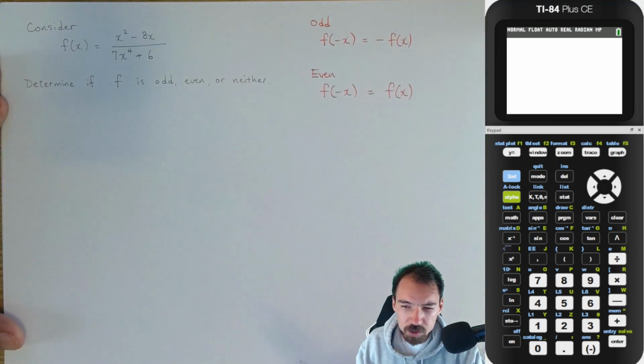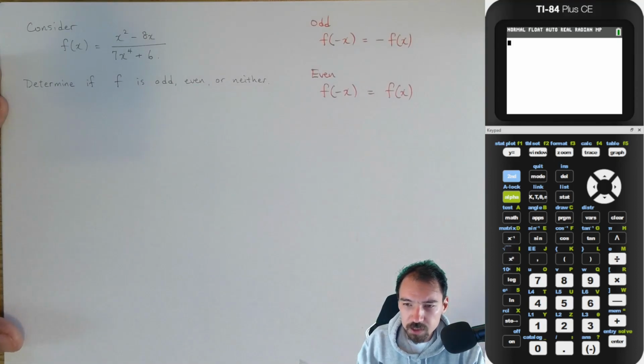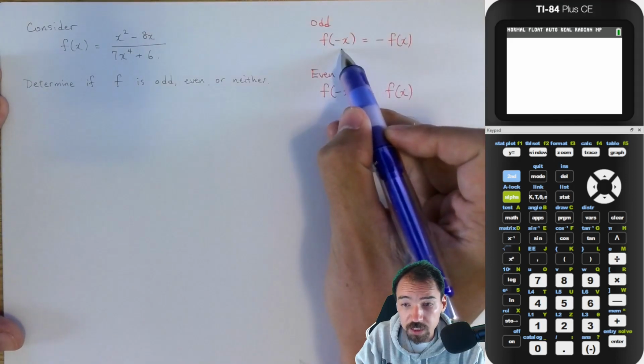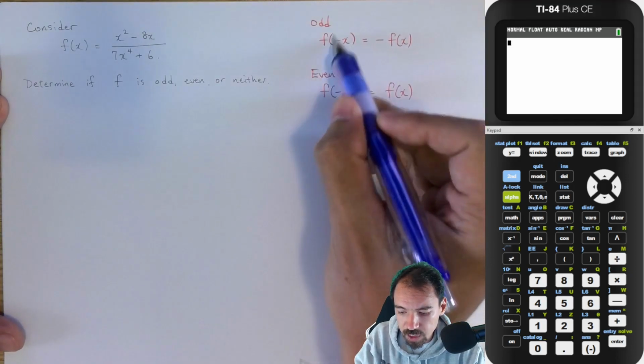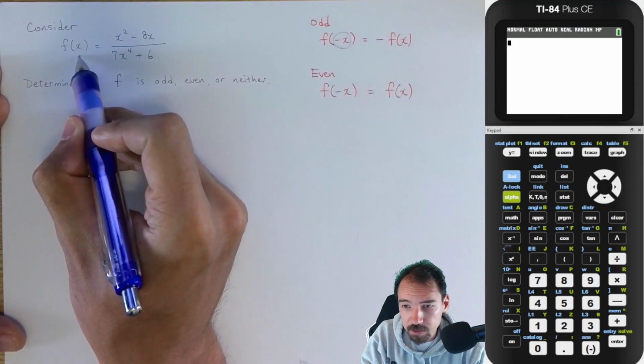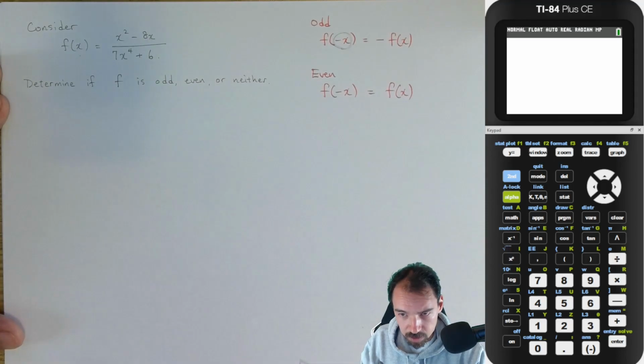Now we'll get to what this sort of means theoretically after we've done the problem, but notice in both cases we're focusing super hard on this f of negative x, which means we're supposed to take this negative x and replace the existing x in the f definition. So let's try this, right?